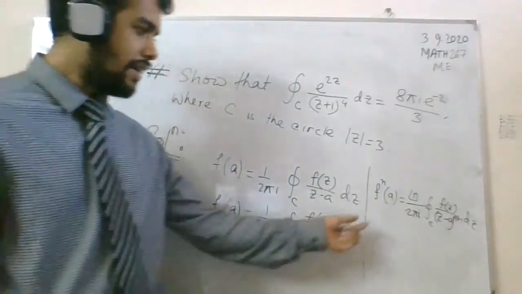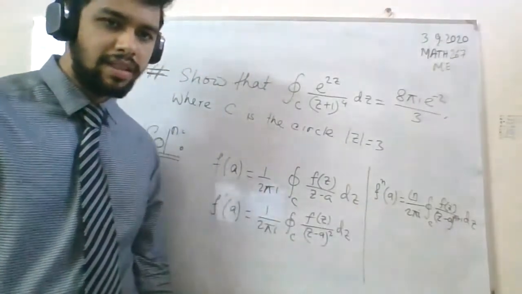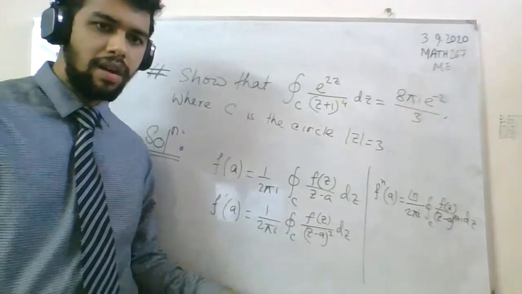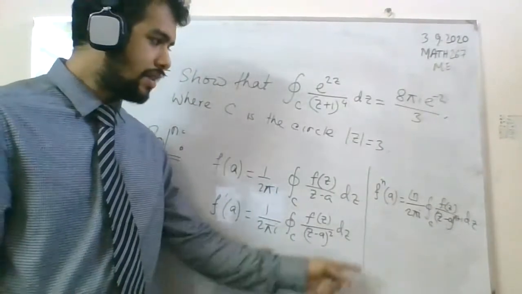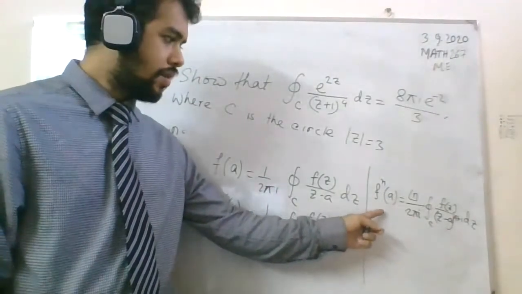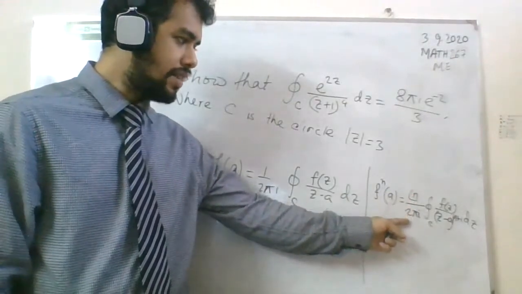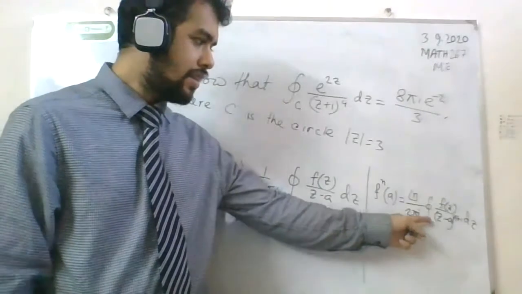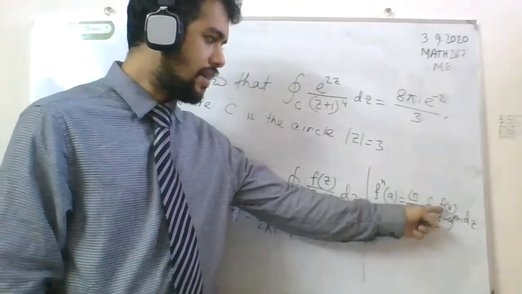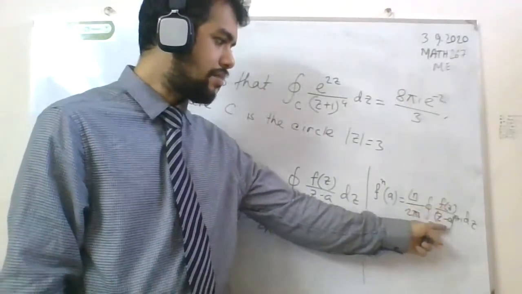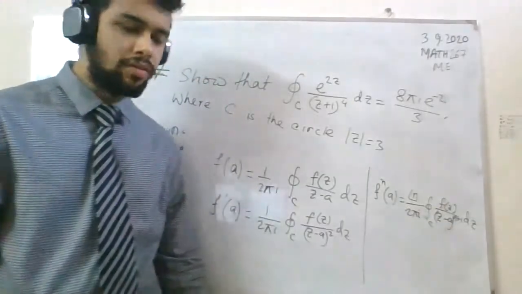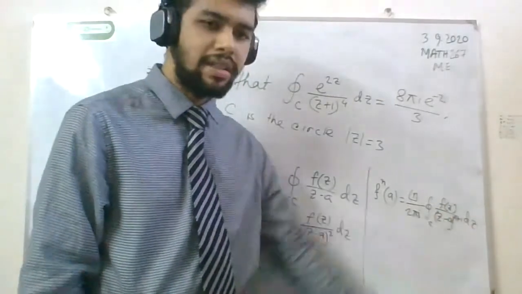And for the nth derivative, or higher derivative, we can say f to the power n of a equals n factorial divided by 2 pi i closed integral f(z) divided by (z minus a) whole to the power n plus 1 dz.